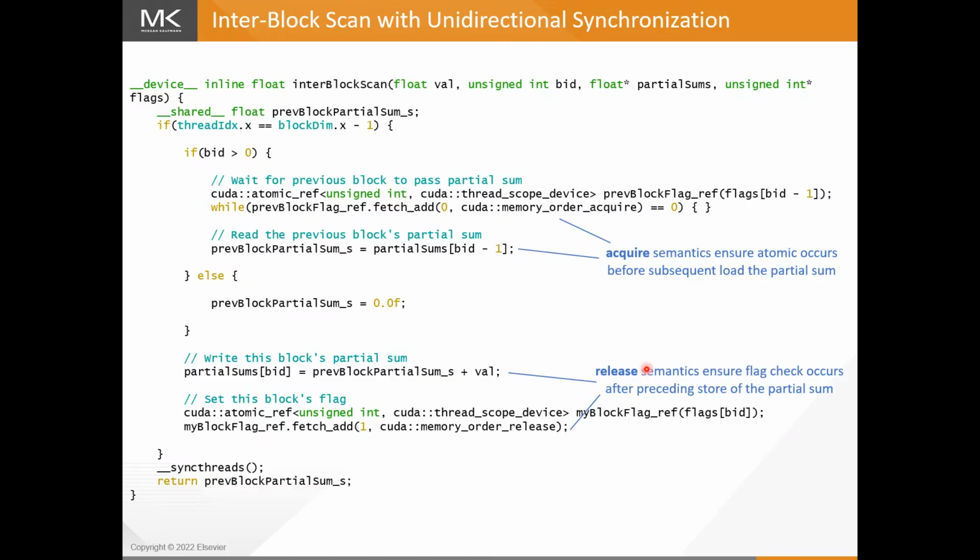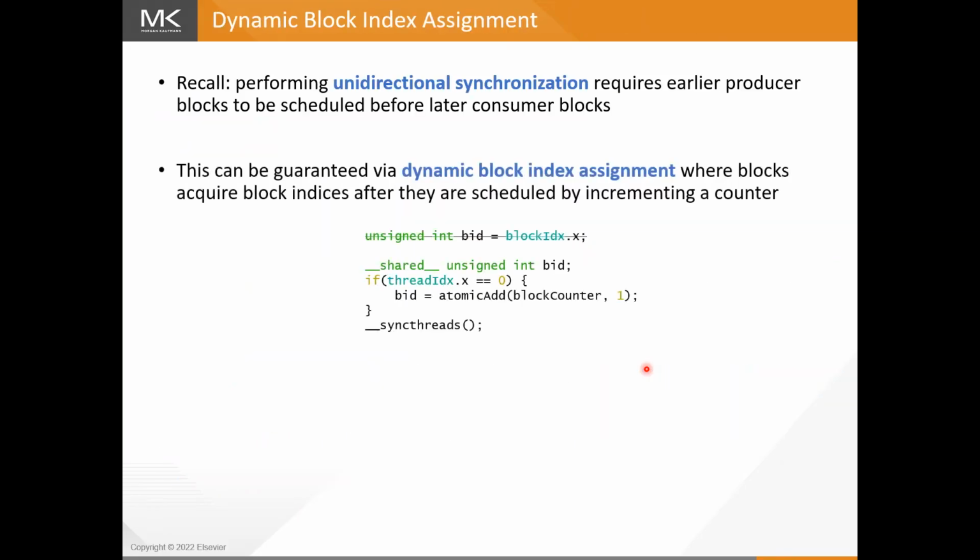By using this dynamic ID assignment using an atomic operation, we make sure that earlier blocks with smaller IDs are executing before blocks with later IDs. Okay, so that's what this slide refers to.